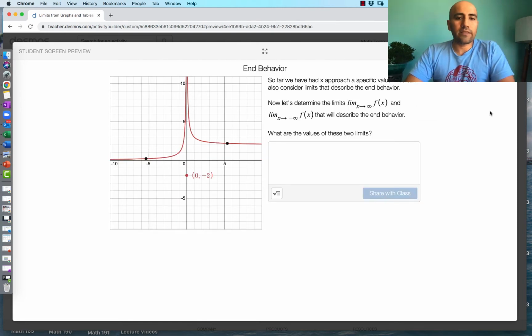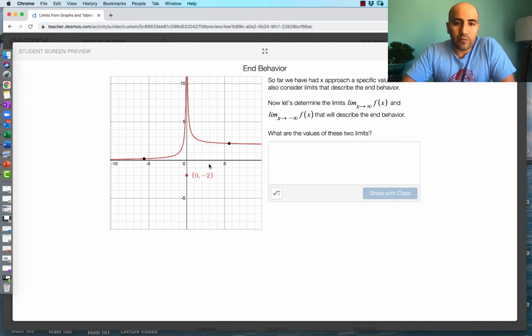Okay, now let's take a look at this function. Remember that so far we've only been looking at cases with x approaching some specific constant, and we could have a case where as x approached that constant, maybe the limit does exist, maybe only one-sided limits exist, but not the unrestricted limit. It could be that the limit goes off to positive or negative infinity.